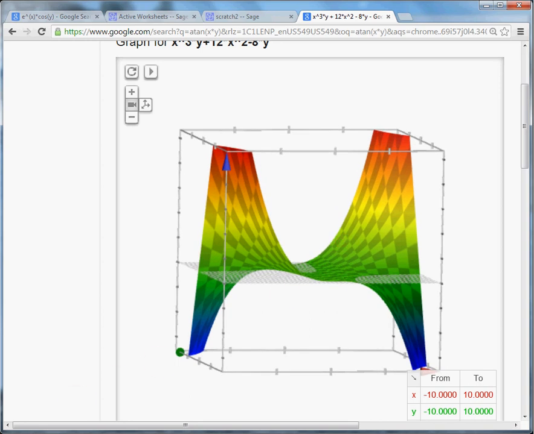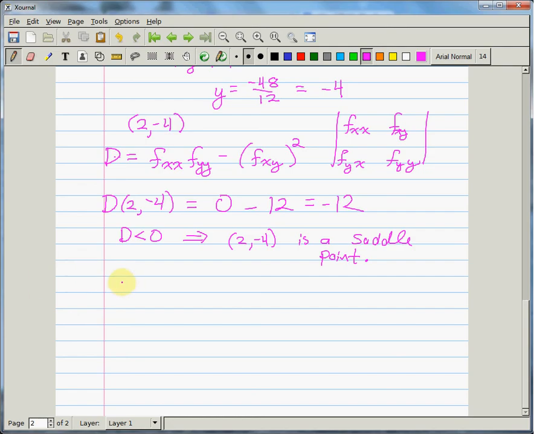And that's pretty much it. I guess we could, just for the heck of it, go over some other possibilities. What if D is positive and fxx is negative? Let's say that this had happened at this point, even though it didn't.